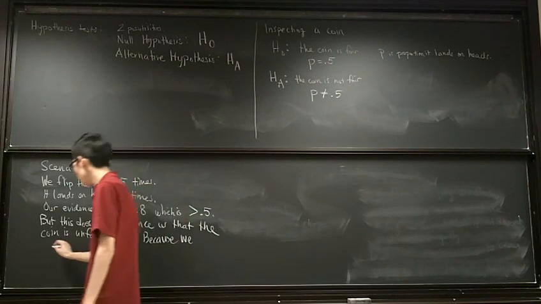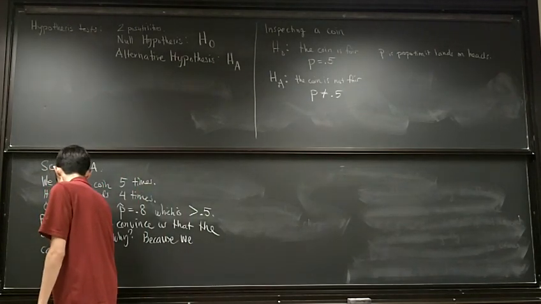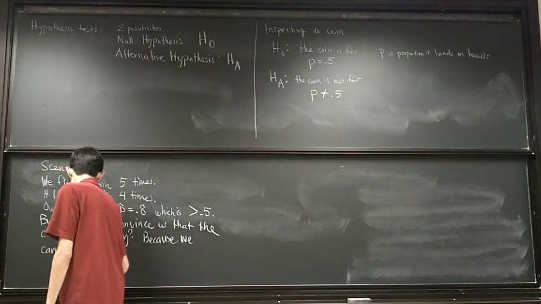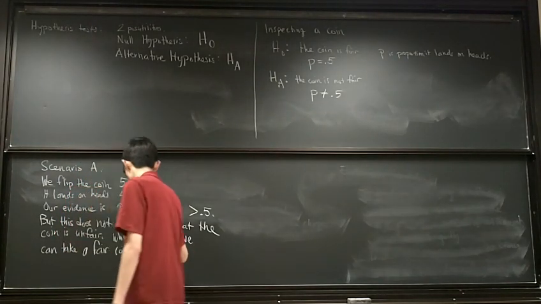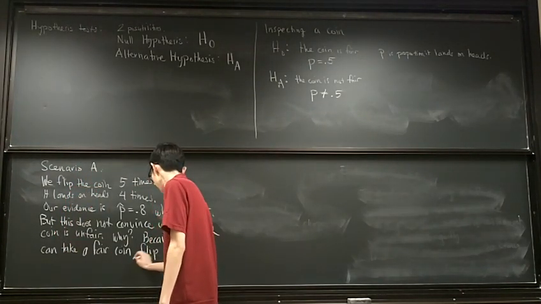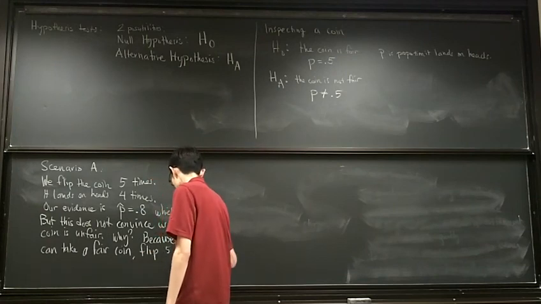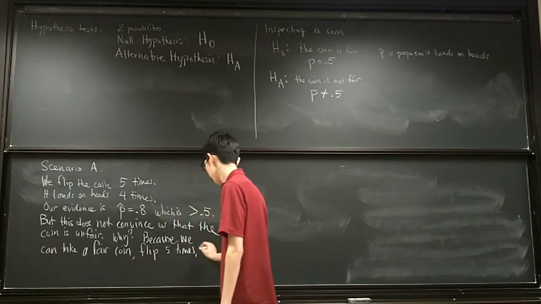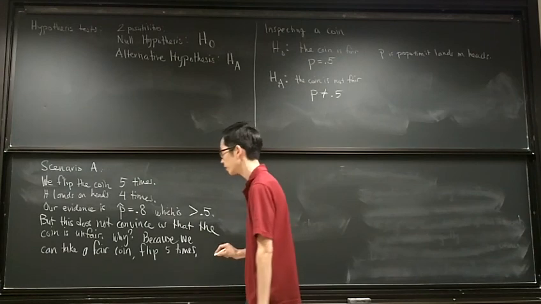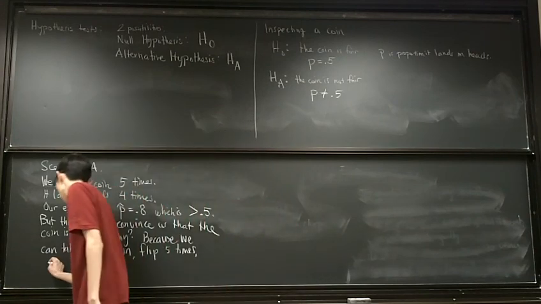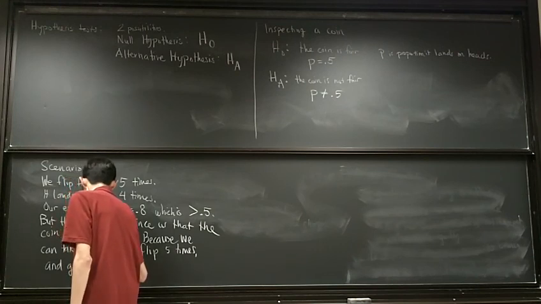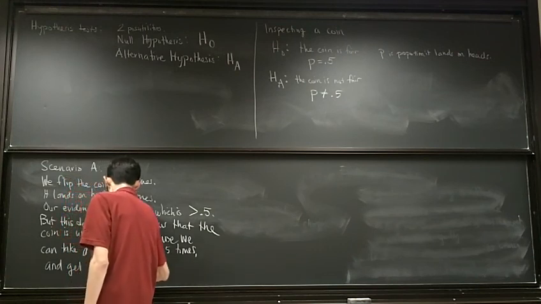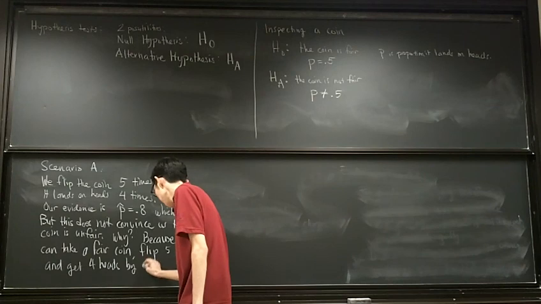we can take a fair coin, flip it 5 times, and get 4 heads by random chance alone.